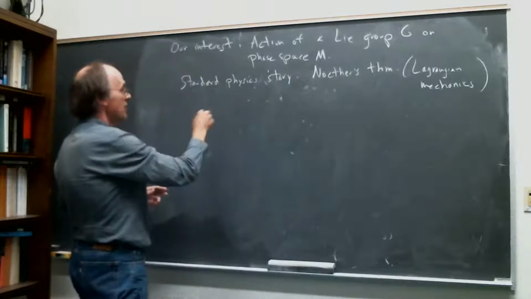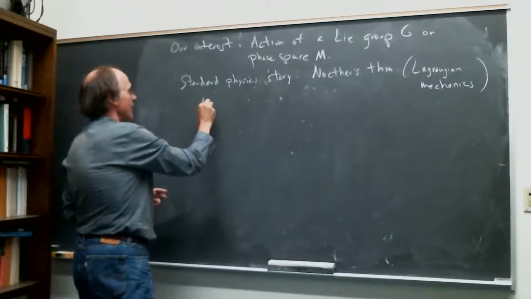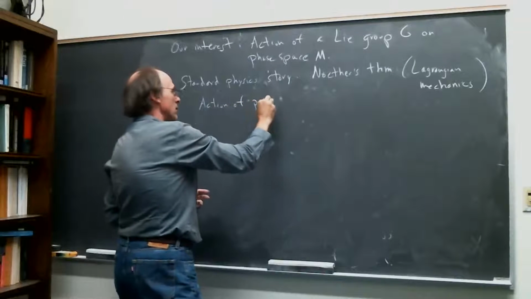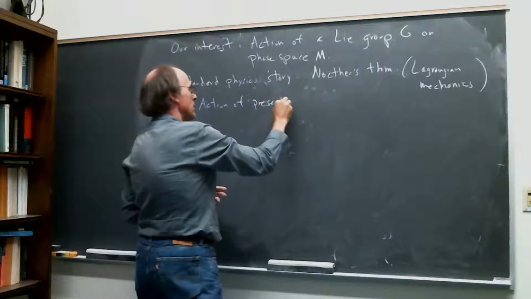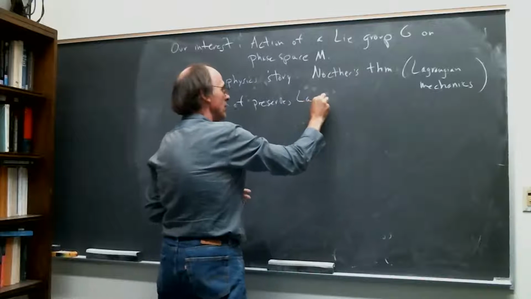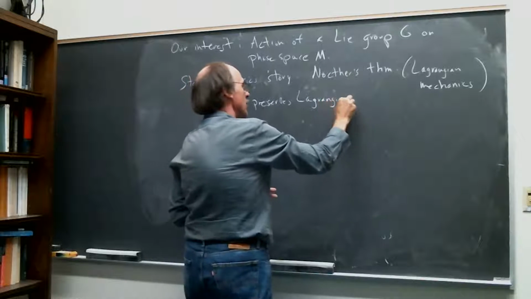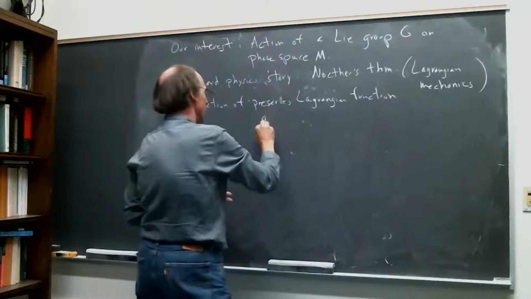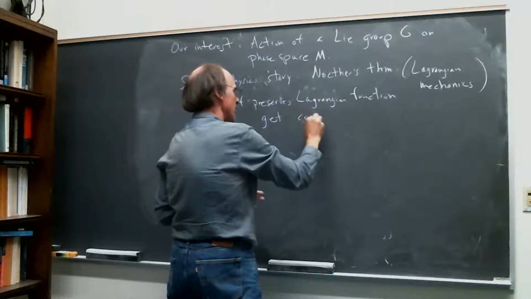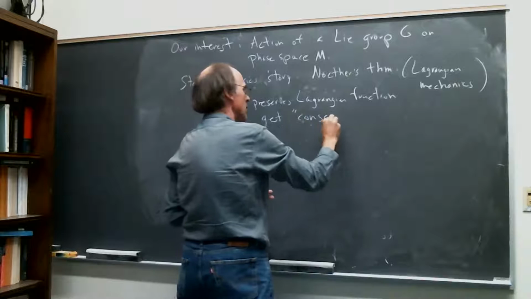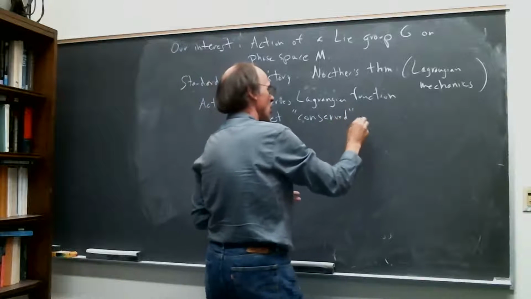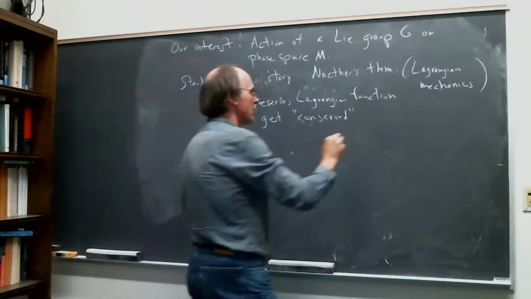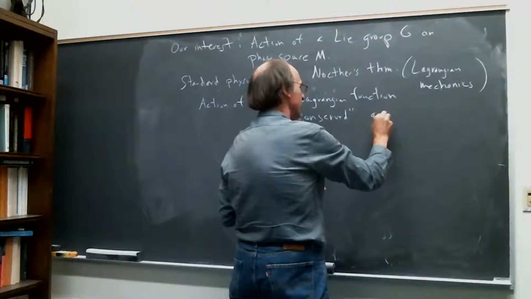Noether's theorem basically says that if the action of G preserves the Lagrangian function, you get conserved quantities.